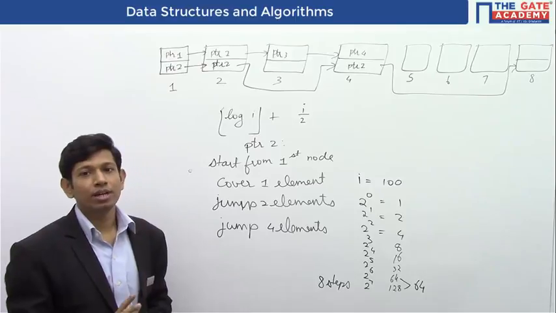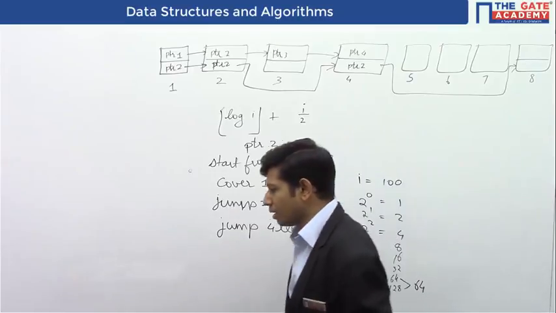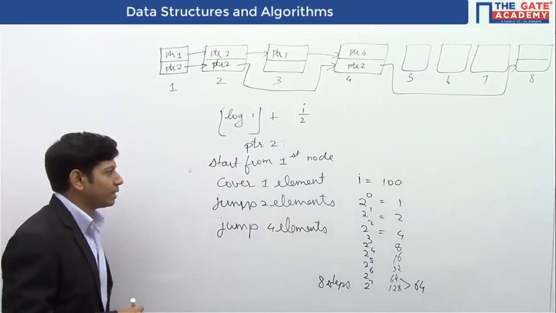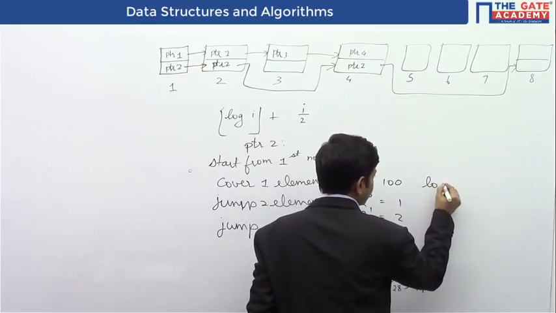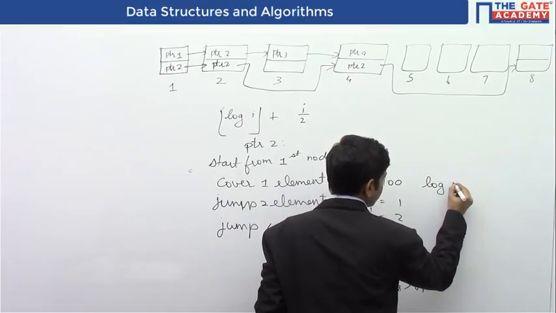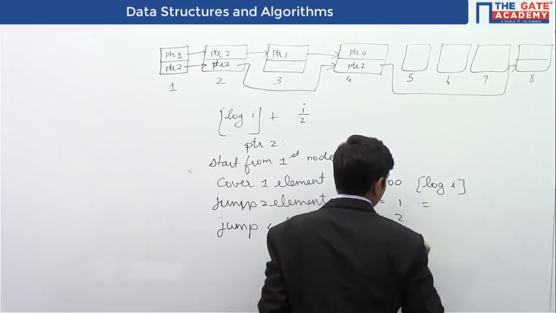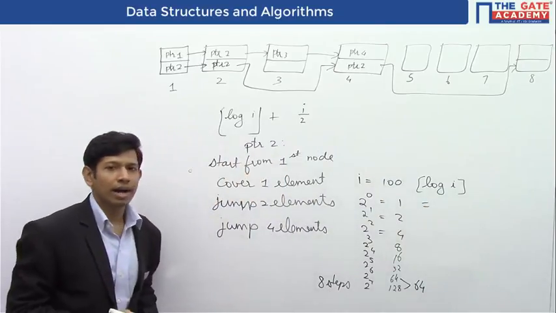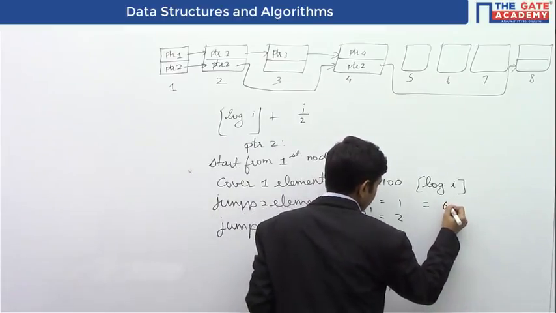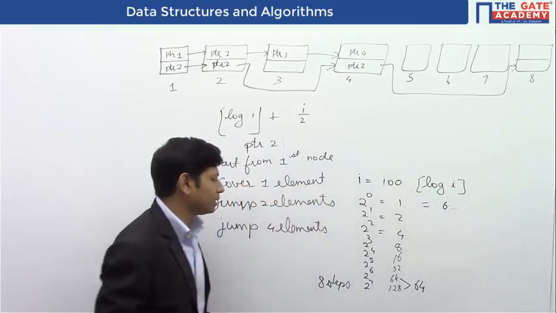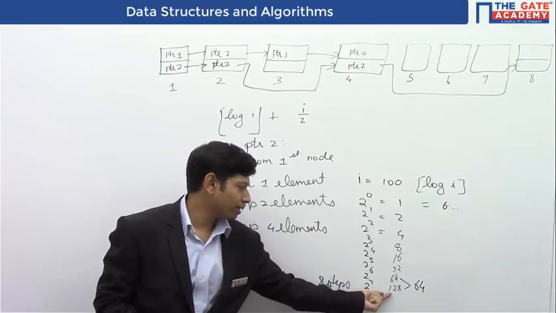So what is the total number of moves that we had to make? As we can see, I here is 100. So what is log I? Log I is 6 point something, because 2 raised to the power 6 is 64 and 2 raised to the power 7 is 128.